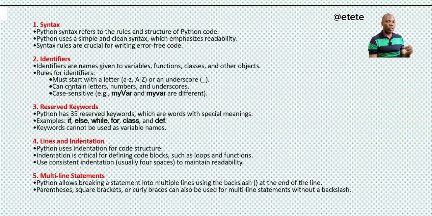So when you are going to name any object, it has to either start with an alphabet or an underscore, not with a number. But subsequently, you can now have numbers in the naming.